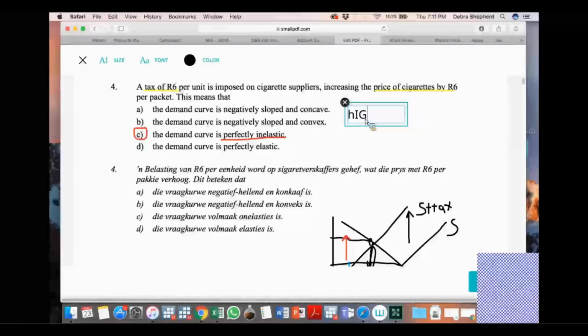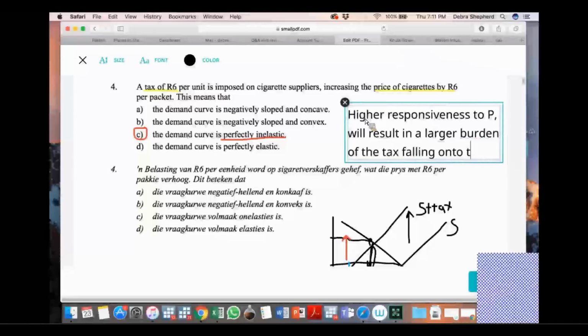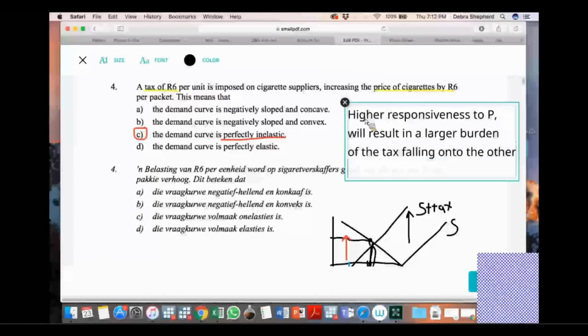tax. So a higher responsiveness to price will result in a larger burden of the tax falling onto the other, let me call it economic agent.